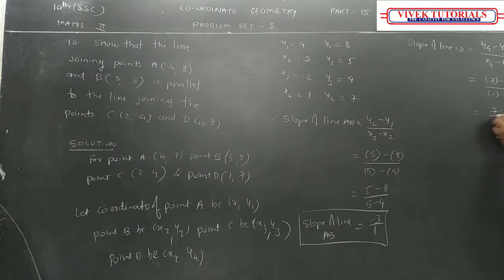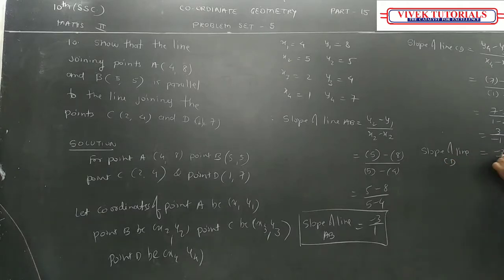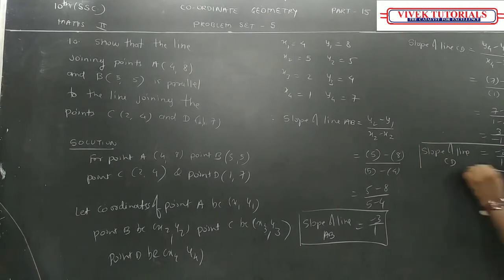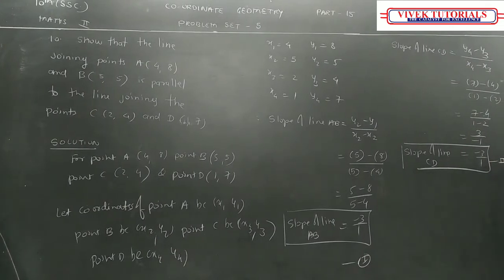That is 3 upon minus 1. So the slope of line CD is equal to minus 3 upon 1 again. I am calling this equation 1 and this equation 2.